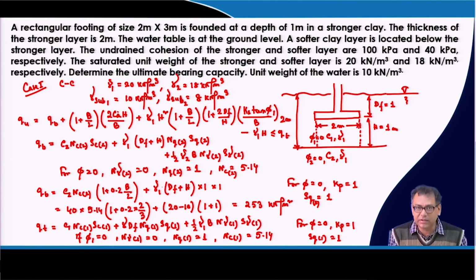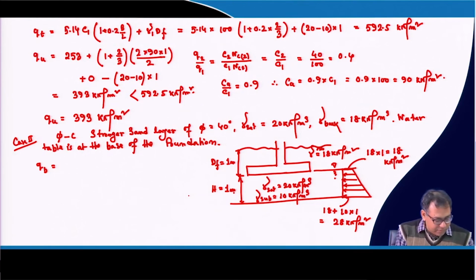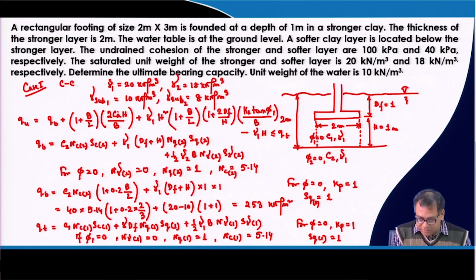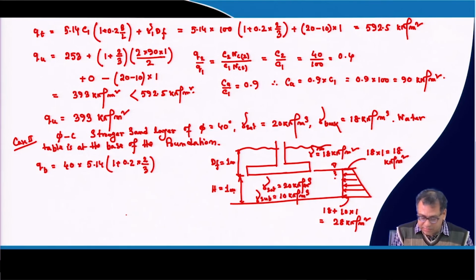Only this part will change. Initially it was dF plus H with the same gamma, but now it is a different gamma. So, QB will be 40 into 5.14, 1 plus 0.2 into 2 by 3. This portion is the same. Now, this portion will slightly change.